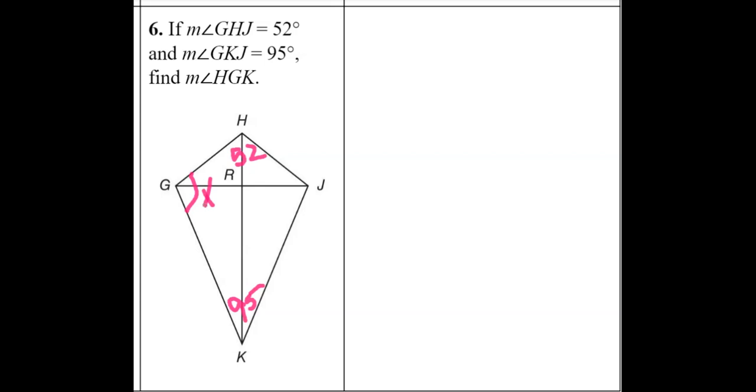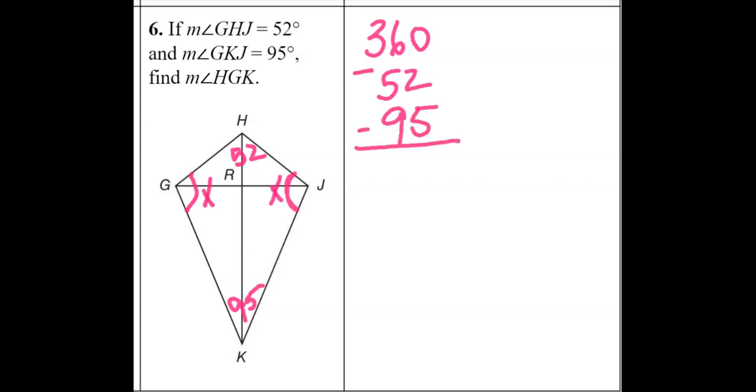Remember, I'm going to call this X, and remember that this angle and the angle over here are congruent, so I'm just going to call that X. And all the angles have to add up to 360 degrees. This is similar to a question that we've already done. So we take 360 degrees, subtract 52 and 95. So subtract 52, subtract 95. I'll be right back with the answer.